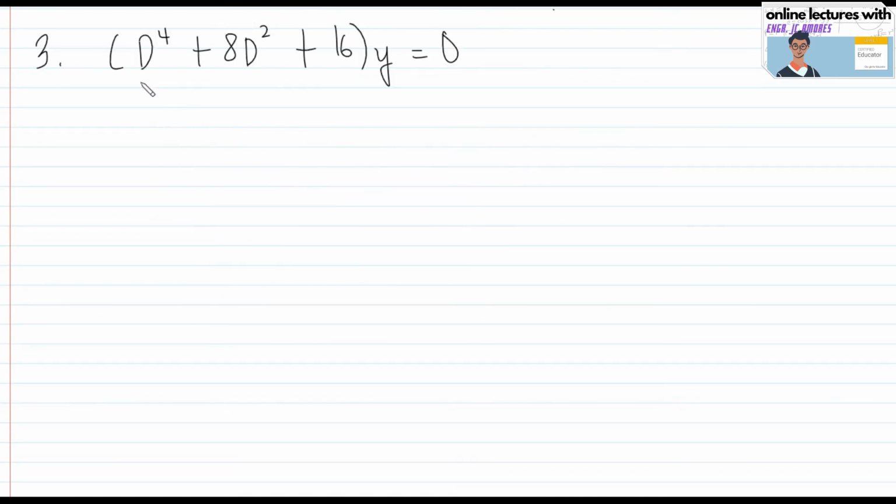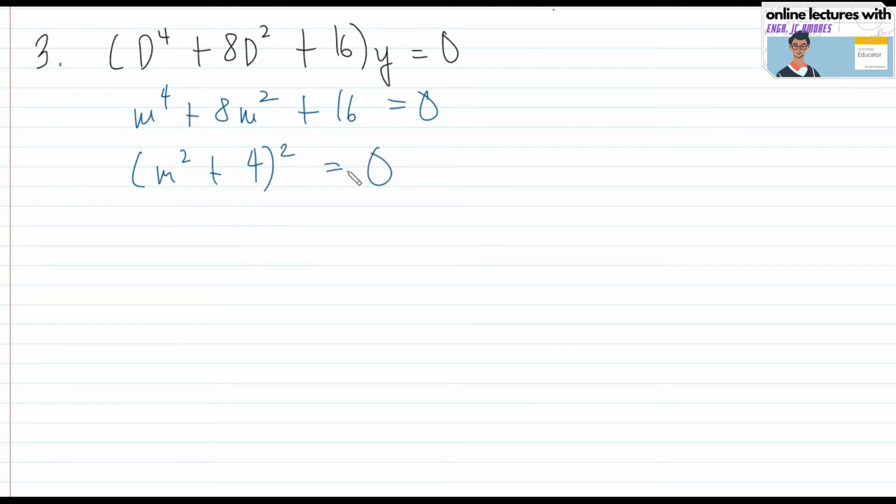Problem number 3. So we have the quantity D to the 4th plus 8D squared plus 16, times y, equal to 0. So the auxiliary equation here is m to the 4th plus 8m squared plus 16 equal to 0. What we can see here is we could factor this as m squared plus 4, squared, equal to 0.